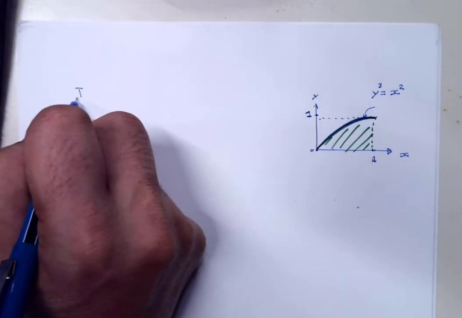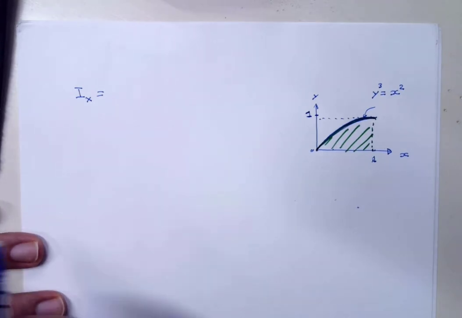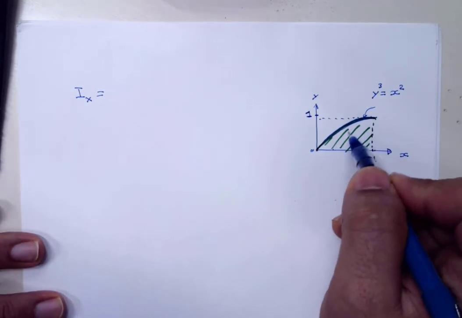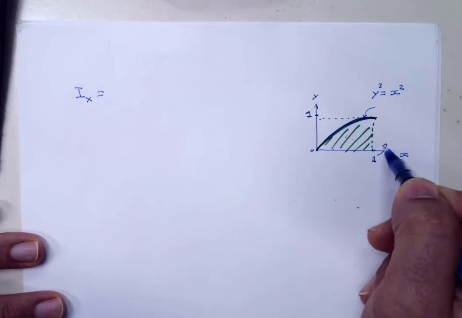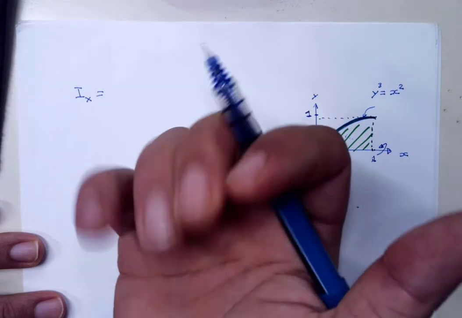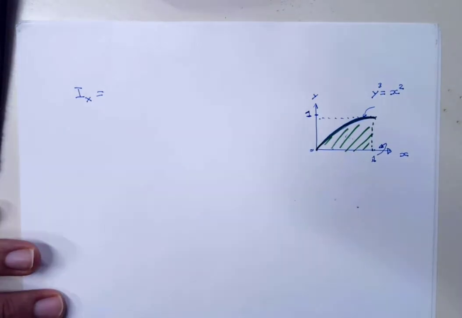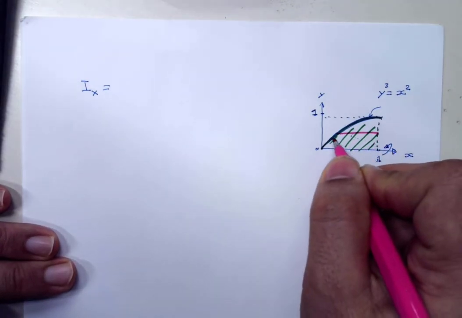Now let's start with the moment of inertia about x. Moment of inertia about x means simply calculating the moment of this object about this x, meaning how much it's rotating, right? So the idea is to take a fragment or a finite element.